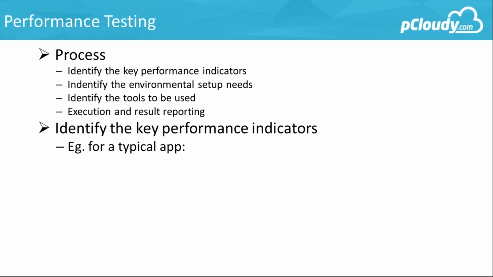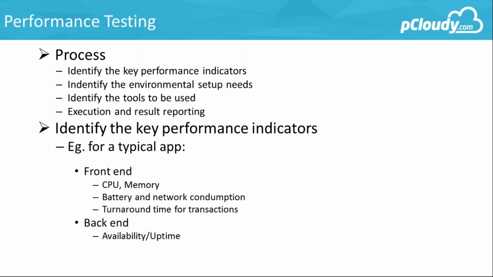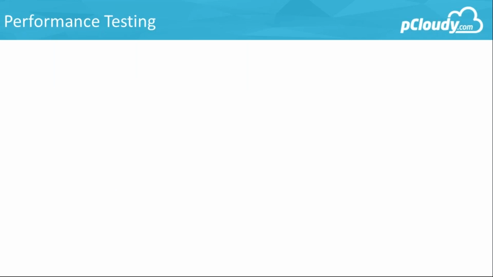In terms of identifying the key performance indicators, for a typical app which has a front end and a back end, on the front end the things to monitor would be how much CPU is being utilized when you are running your application, how much memory is being consumed, how much battery and network consumption is taking place, and what is the turnaround time of the transactions based on various states. And if it has a back end, then you have to see things like concurrency, throughput, scalability, and so on.